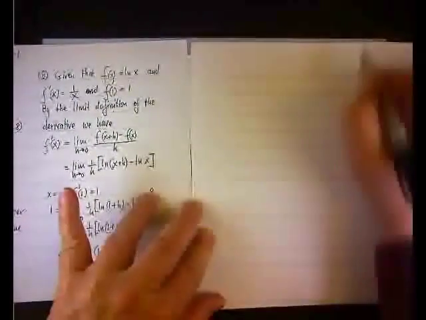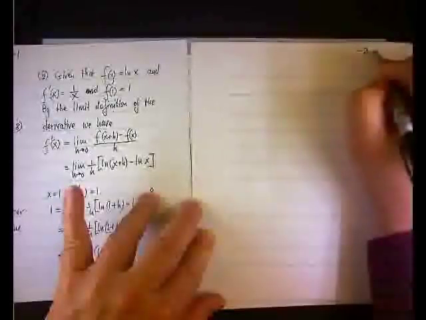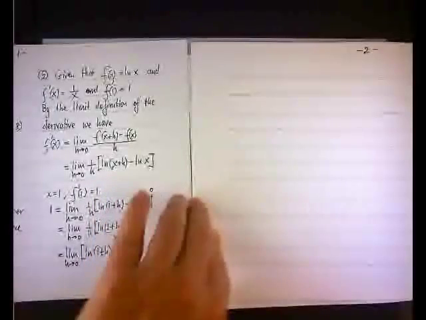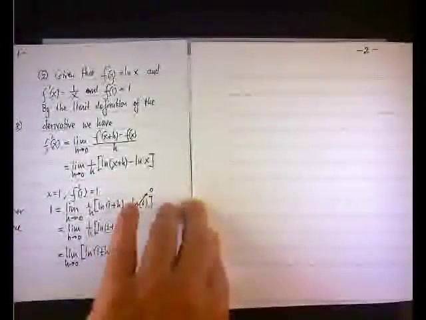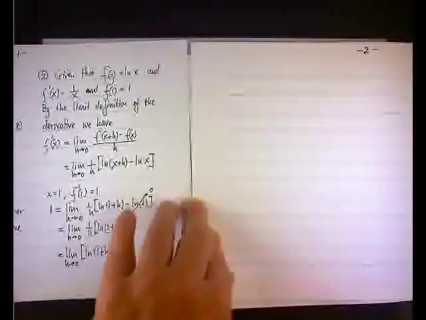The clever thing that we want to do at this point is remember the limit of a composition. If you have a limit of, let's say, f composition g, we can write it as f of the limit of g.